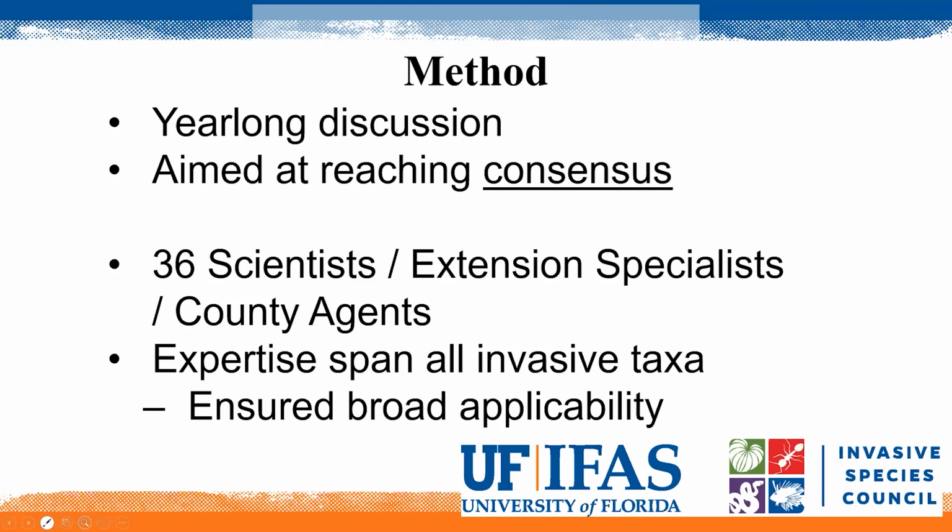But I also want to illustrate the importance of having county agents and scientists involved in this effort, because what we were trying to do is work across the chain, or the pipeline, of information, if you will. People who generate research and new findings, and those people who are on the ground really trying to communicate it to the stakeholders, the county agents. So that was important for this project.